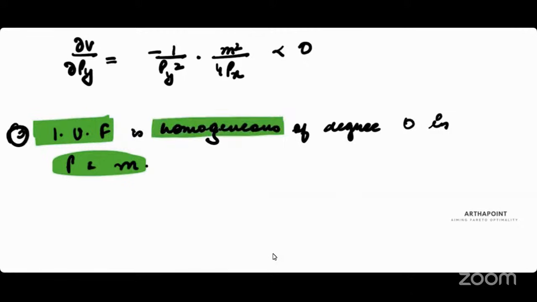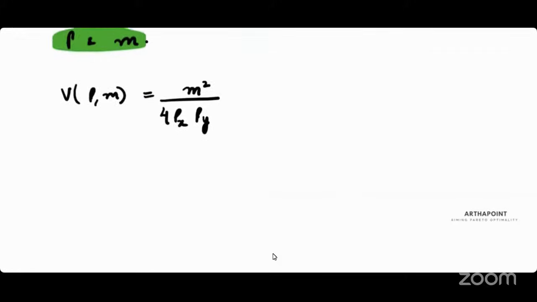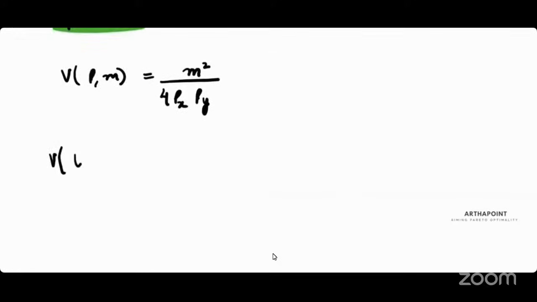This is something that we have done in maths, but we'll do it again. If that scalar comes out of the function, for example, when my utility function in this case is m square by 4 px py, and now I find my utility function by scaling everything with t. So instead of m, I write tm.